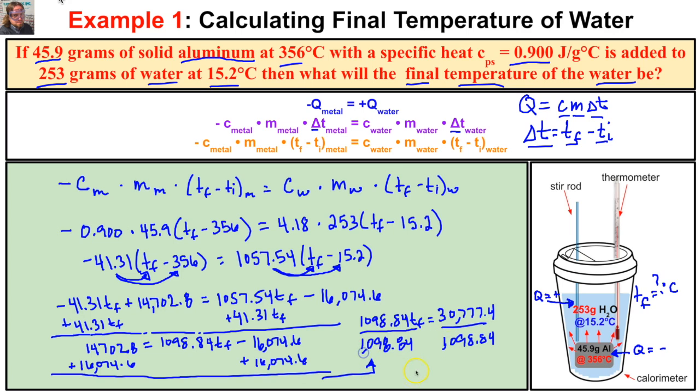And we're going to end up with a final temperature of 28.0 degrees Celsius. 28.0 degrees Celsius is going to be our final temperature. So to recap, if we add 45.9 grams of aluminum at this temperature here to 253 grams of water at 15.2 degrees Celsius, the final temperature of this water is going to be 28 degrees Celsius.